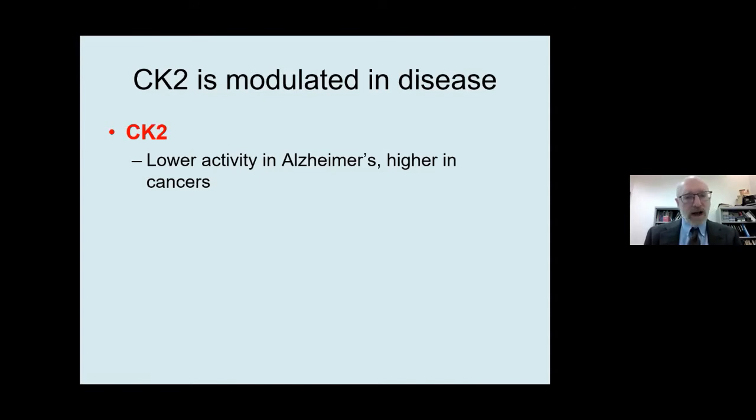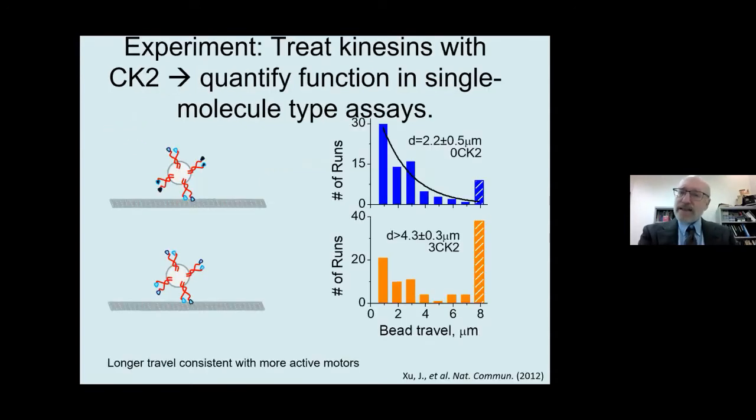And what we discovered is that it does seem to do interesting things to kinesin. If you take purified kinesin with nothing around and you incubate that kinesin with CK2, and then you recruit that kinesin to a bead or a quantum dot, and you ask how far do the beads go, what you discover is that in the absence of CK2, you have a mean travel on the order of 2.2 microns.